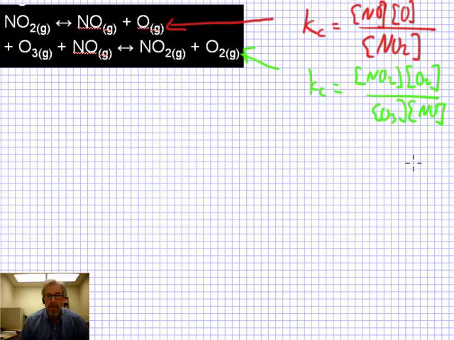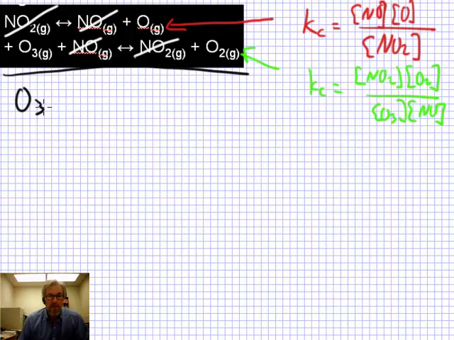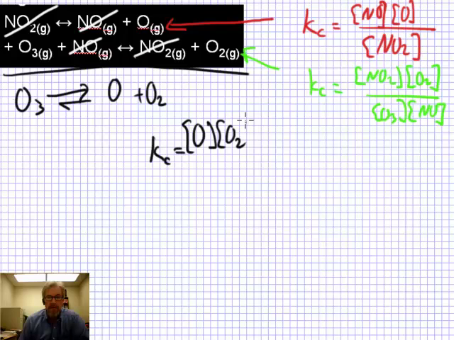What would be the sum of the two reactions? Well, NO2 would cancel out, and so would NO. It's on both sides of the arrow. So that would leave us with O3 reversibly decomposing to O plus O2. Well, Kc for that reaction would be concentration of O times concentration of O2 divided by concentration of O3.